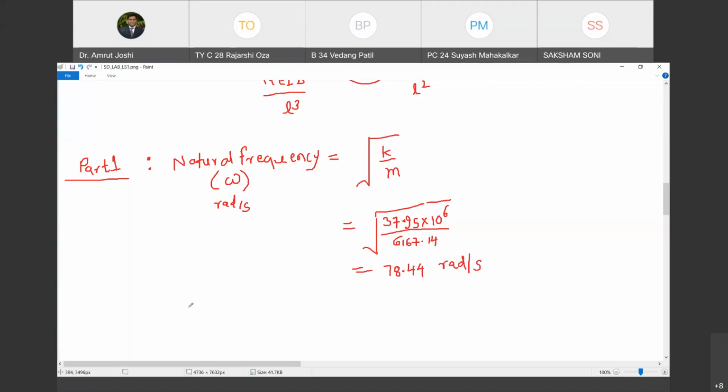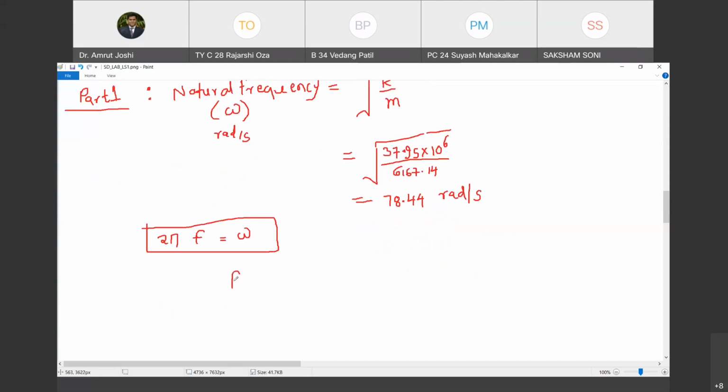Now, if I want to get this frequency in hertz, what should I do? So let me call the frequency in hertz as F. Then we know the relationship between the circular frequency that is in radian per second and F. 2 pi F is equal to omega. This is a well-known relationship. So therefore, the natural frequency in hertz is going to be omega divided by 2 pi. So let me do that. It is 78.44 divided by 2 into 3.142.